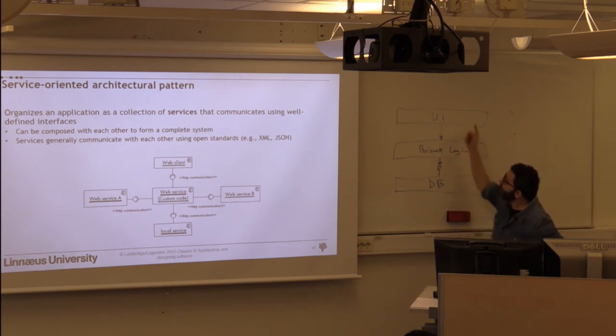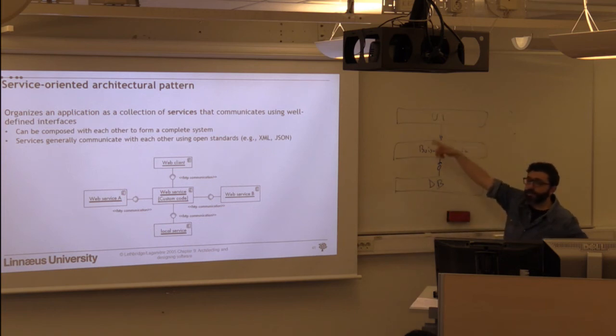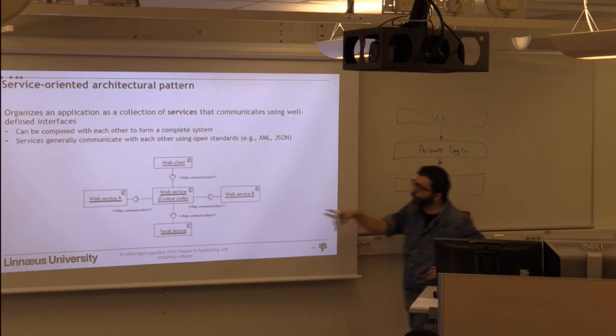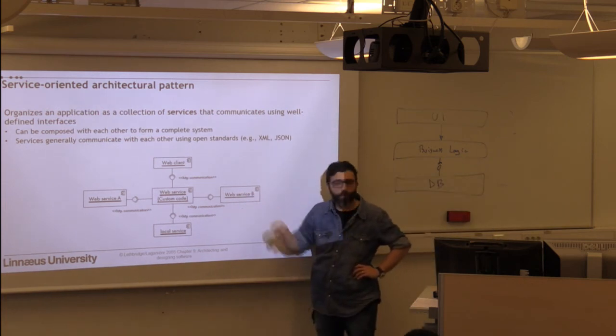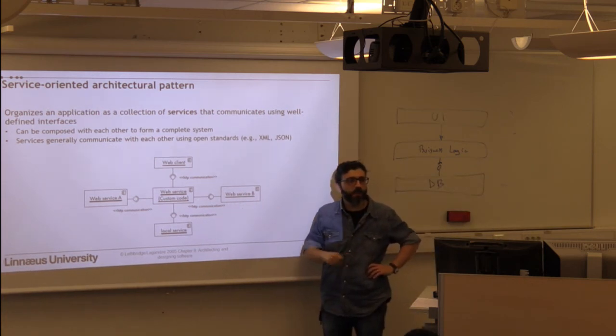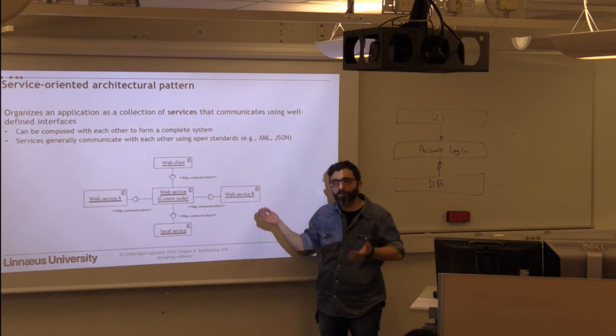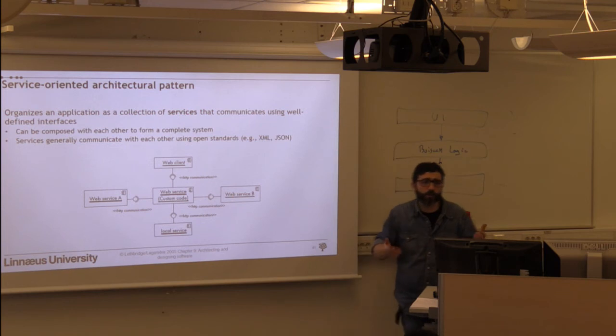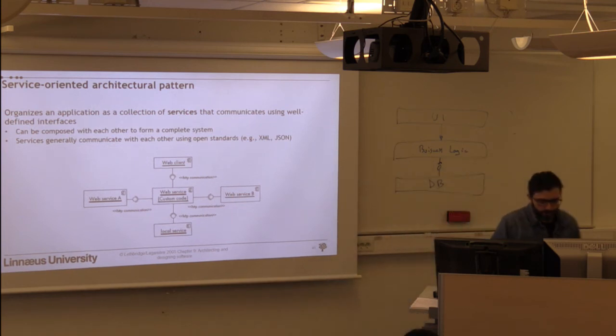Or this three-tier pattern can be just the implementation of one of these web services. Then we can mix up all these architectural patterns in order to create very, very complex architectures.